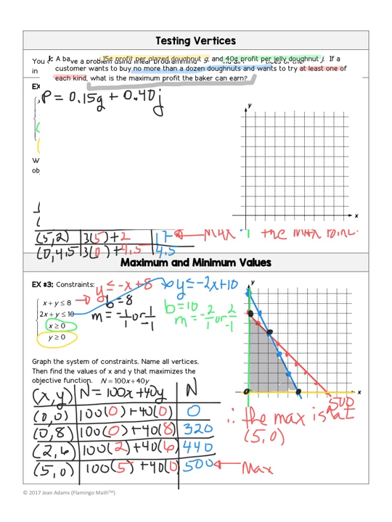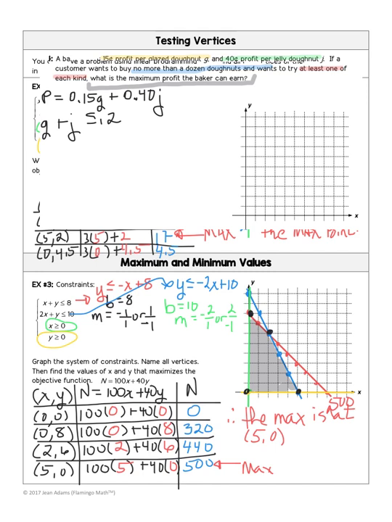Then our constraints are as follows. If a customer wants to buy no more than a dozen donuts, so your G, number of glazed, plus J, your number of jelly, can't exceed a dozen, so that has to be less than or equal to 12.